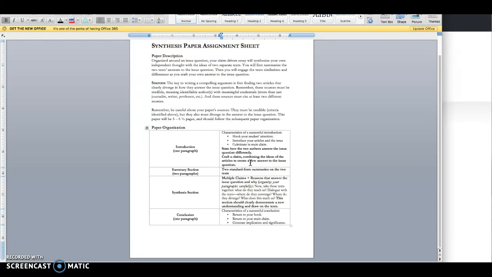So it's like, person A thinks this, person B thinks this, I think this, and that's how your claim will look. Then you'll summarize, and then you'll spend the bulk of the paper saying, what do the two texts teach us? Where do they come together? What are their differences? What new ideas have you found from these texts? So kind of tricky, and I'll show you some examples later on in the week, but hopefully that helps.